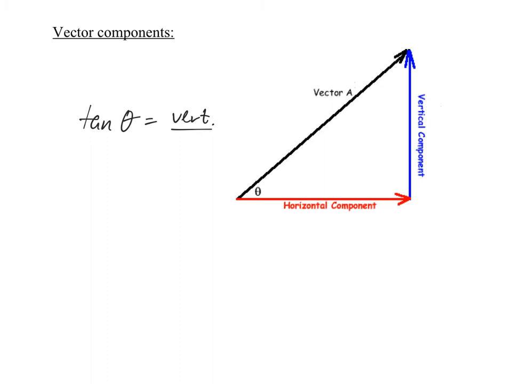So we have, this is opposite, this is adjacent, and this is hypotenuse. So remember tan? What's tan? TOA, right? Do you remember your acronym? So it's got to be opposite over adjacent. So vertical over horizontal. So instead we can think of this also as delta y over delta x.